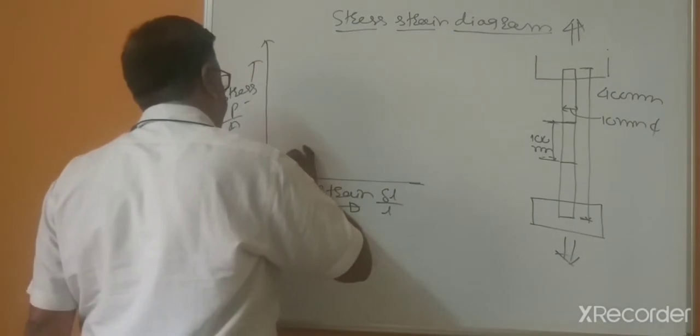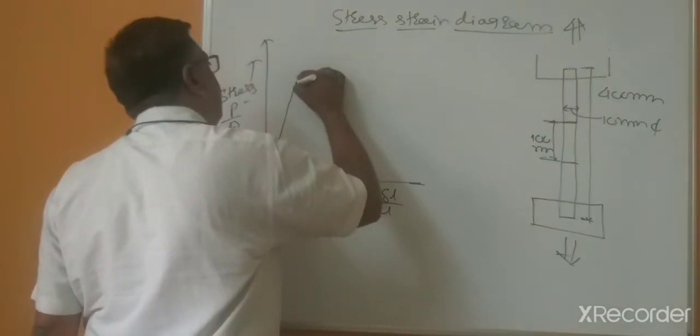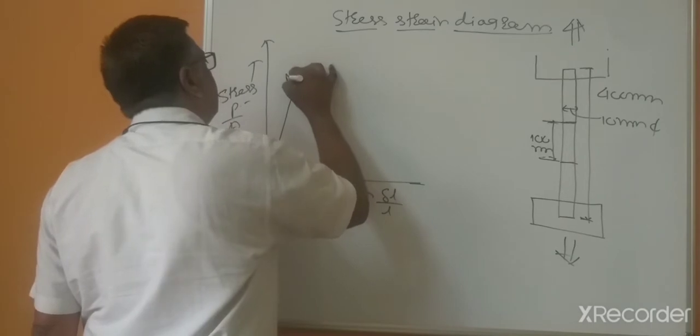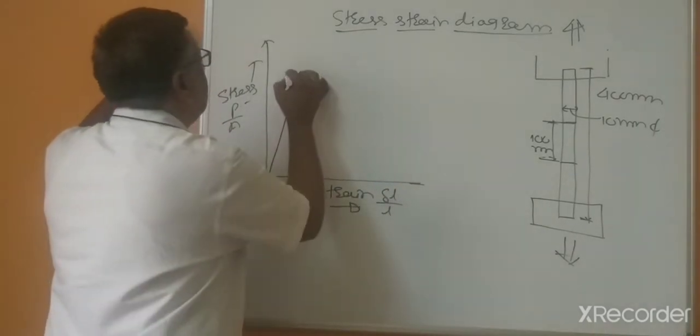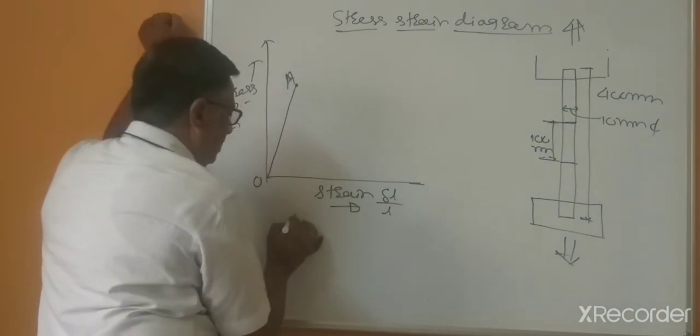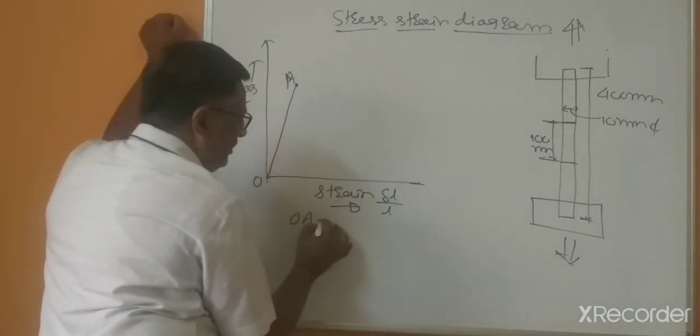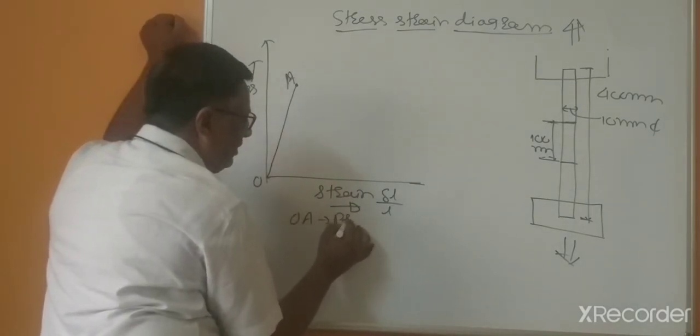Up to points 0 to A, these limits are called the proportional limit.